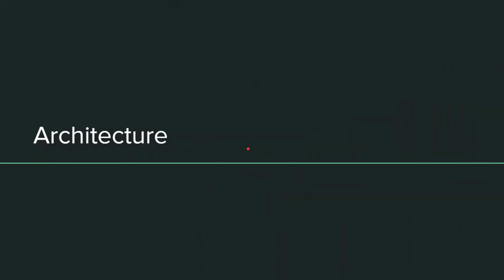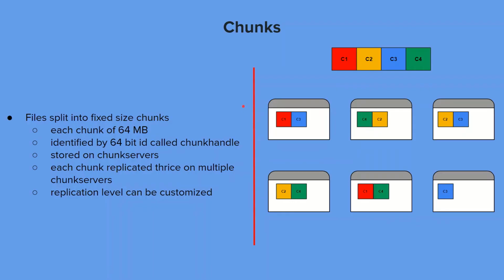Now we'll see the architecture of the Google file system. Before we go to the architecture itself, we need to be familiar with the concept of chunks. Files are split into fixed size chunks, and each chunk is 64 MB. This is a very important design choice, and we'll see why in the later slides. Each chunk is identified by a 64-bit ID called a chunk handle.